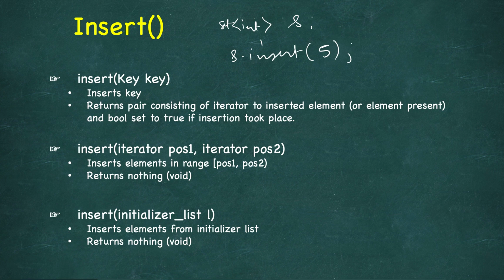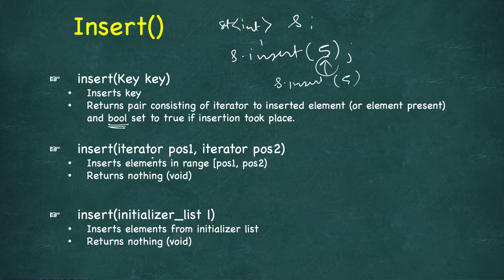So this will insert 5 here, and this version will return a pair consisting of an iterator to the inserted element, in this case this, or to the element if it's already present, then it will return that only. Because let's say you insert 5 again, it will not insert again but return you this iterator, and a bool value, which will denote whether insertion took place or not. So it will return a pair.